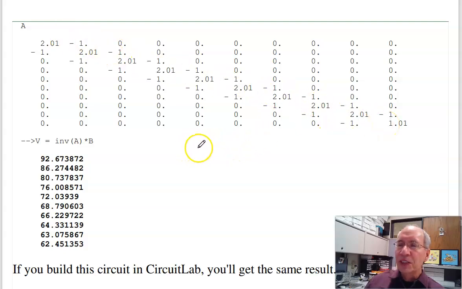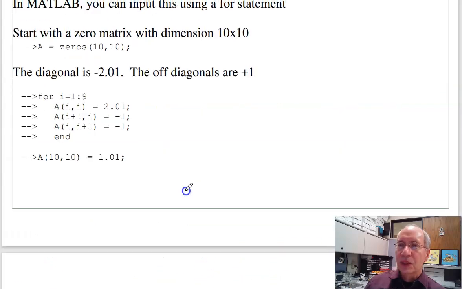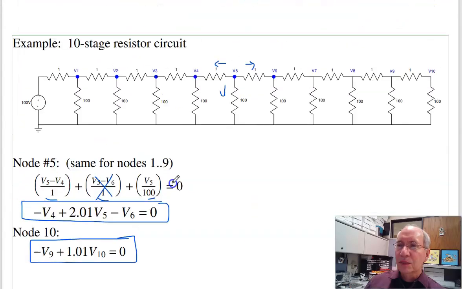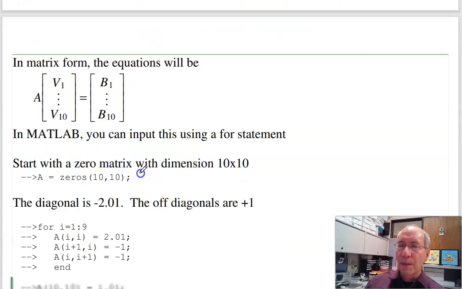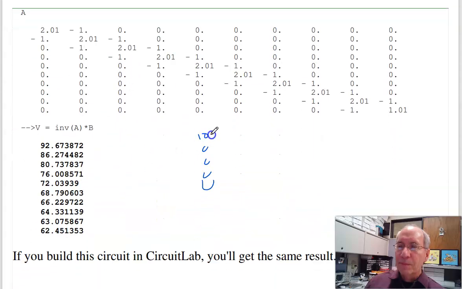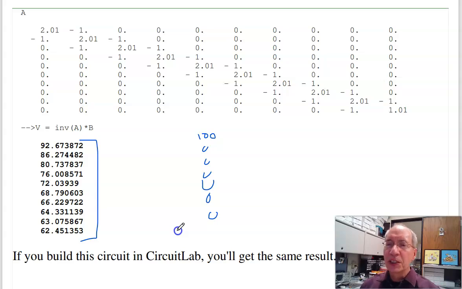The B matrix is just 100, 0, 0, 0, 0, I think. Then the inverse of A times B are the voltages. So there I just solved 10 equations, 10 unknowns. With Matlab, really easy. By hand, really painful. So we would not ask this question back in 1970. Now, sure, why not? Just write the equations, let Matlab do the work for you.